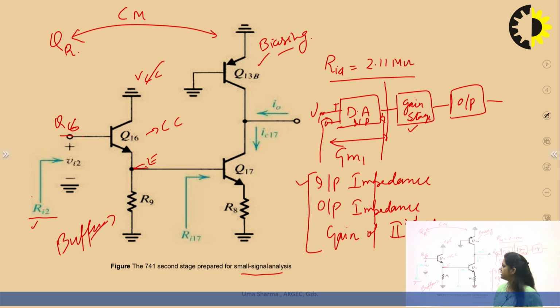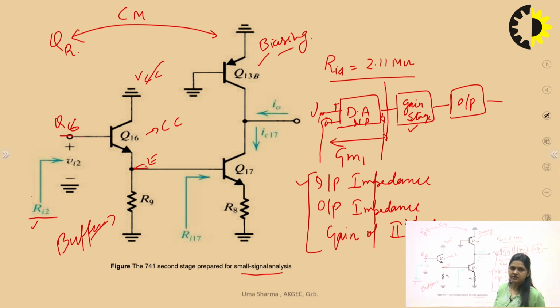I have already discussed the resistance reflection rule in my earlier video. By using it, we can transfer any impedance of the emitter to the base just by multiplying it by beta plus 1. So if we multiply the resistance available at the emitter of Q16 by beta plus 1, we will get the value of Ri2.